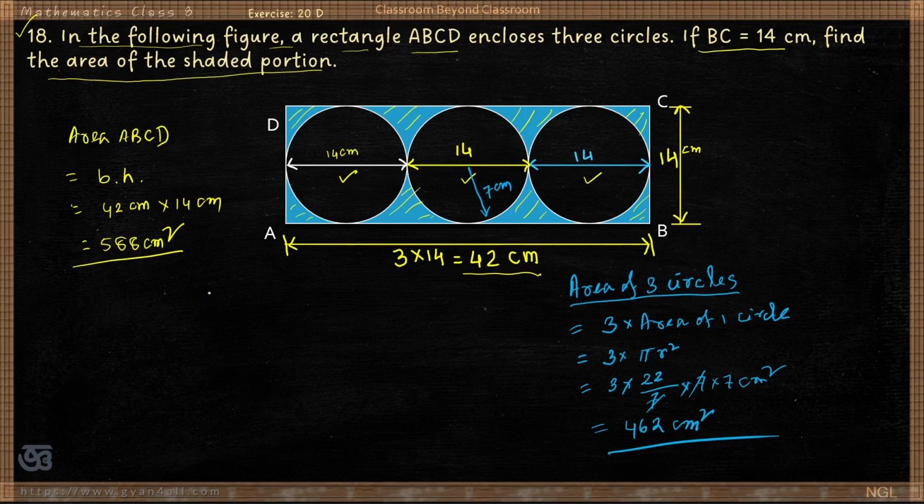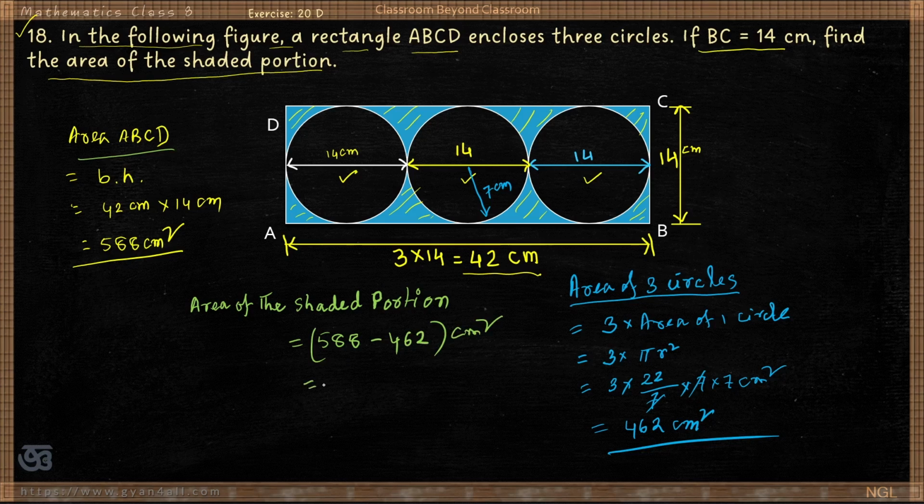Now the area of the shaded portion is equal to area ABCD minus area of the circles. So that is equal to 588 minus 462 centimeter square, and this is equal to 126 centimeter square.